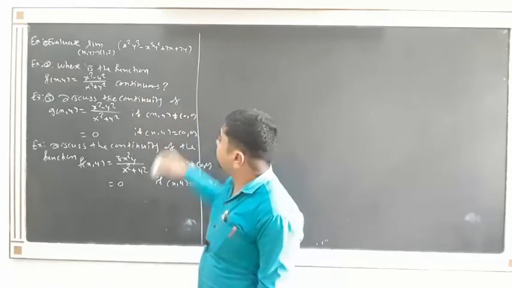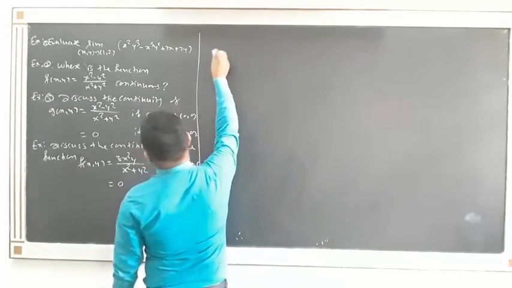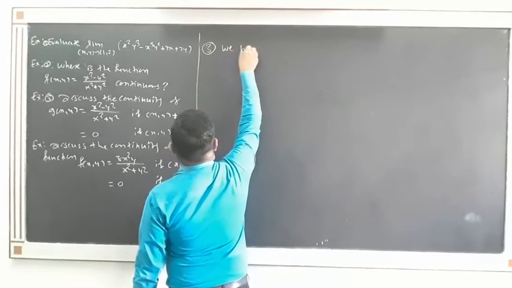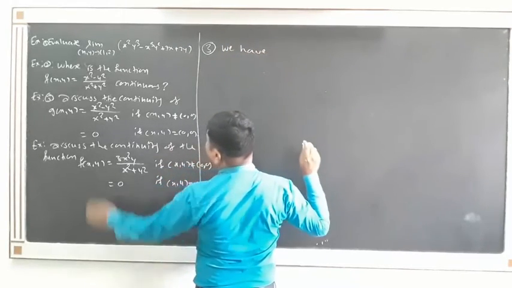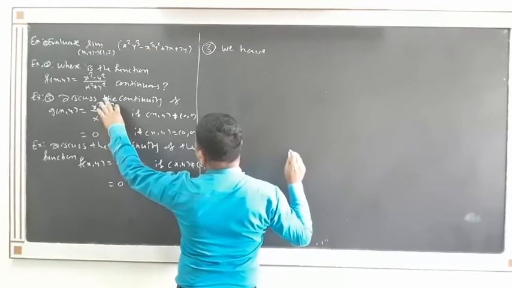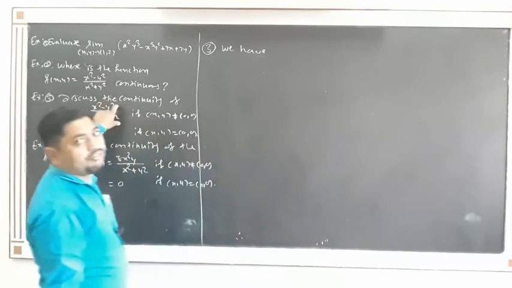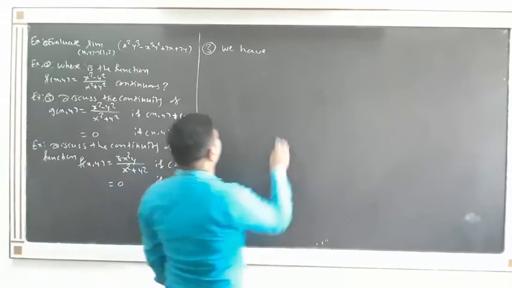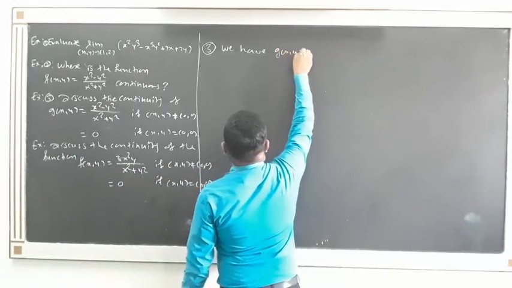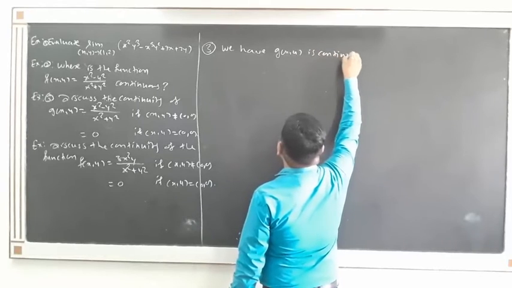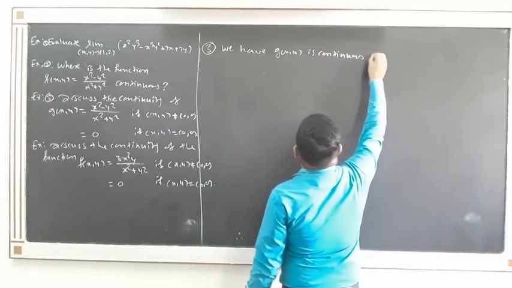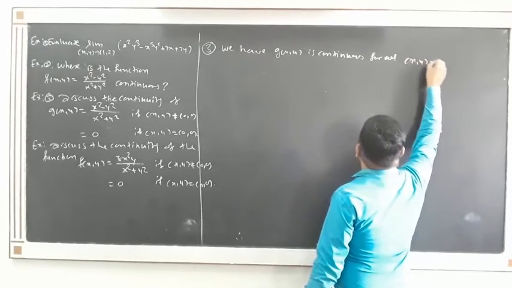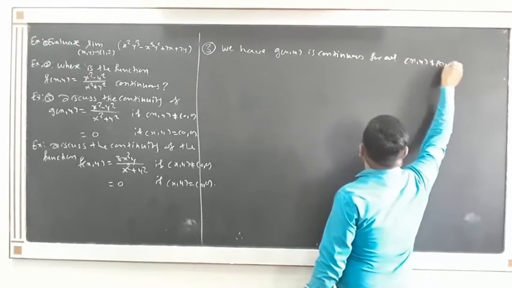But here, what is given in the third example? It is a rational function, therefore it is continuous everywhere in the domain, and therefore g of xy is continuous for all xy not equal to 0, 0.